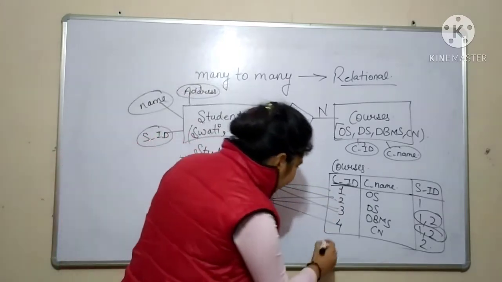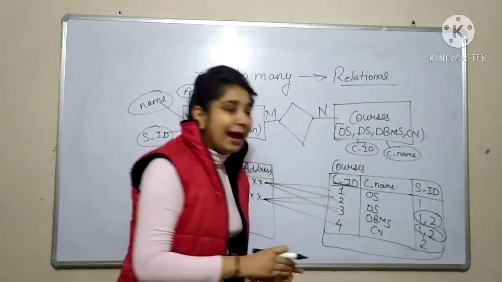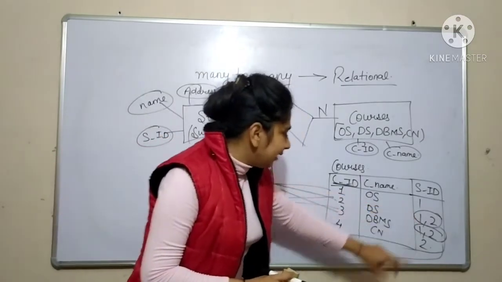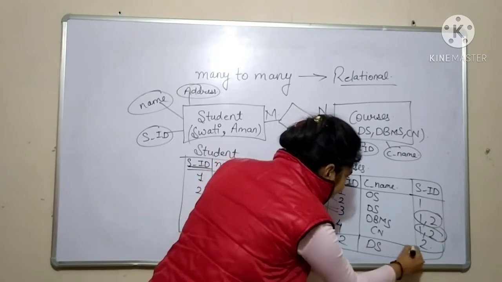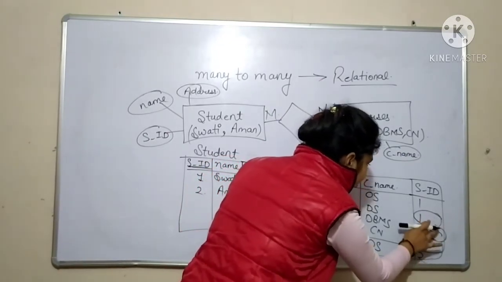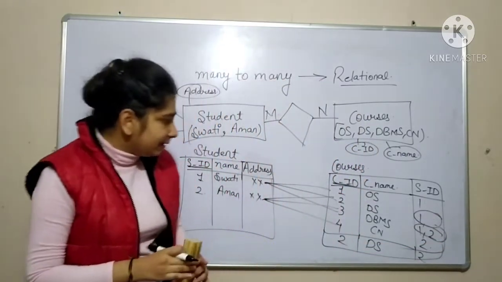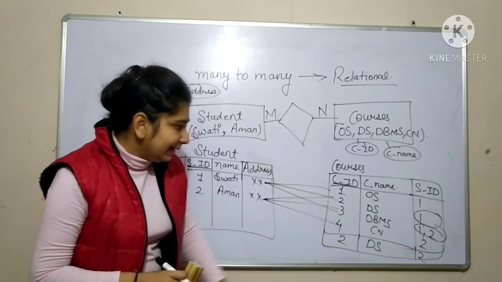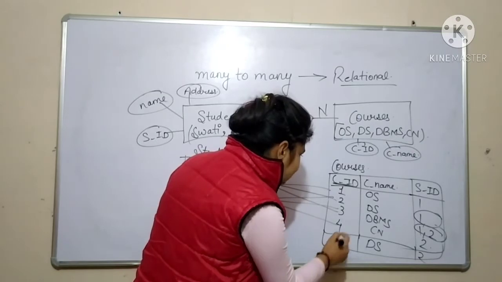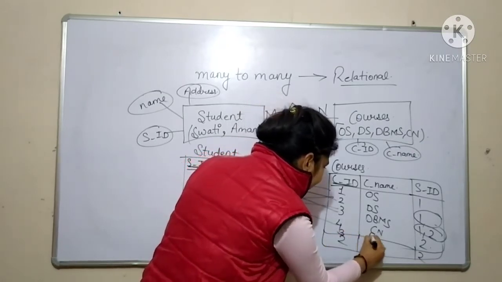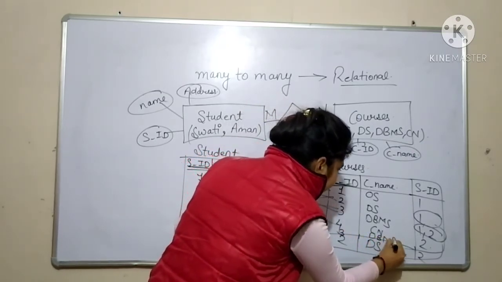If you don't want to write multiple values in a single cell, you can write like this: 2 DS and 2. Or what you can write next: 3 DBMS and 2.